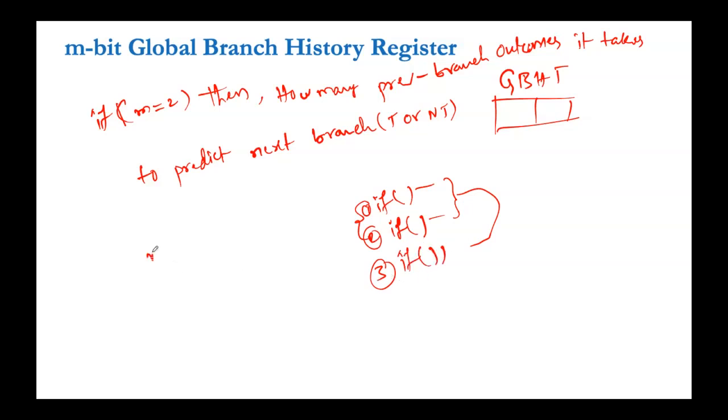In the similar way, if M is equal to 5 in the global branch history register, what does it mean? How many previous branches or previous branch history does it take to predict the next?